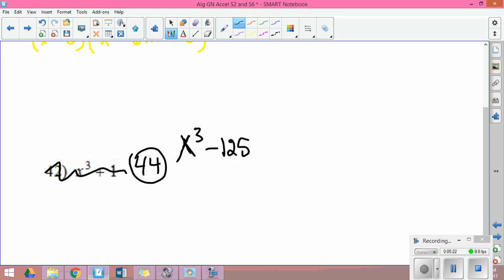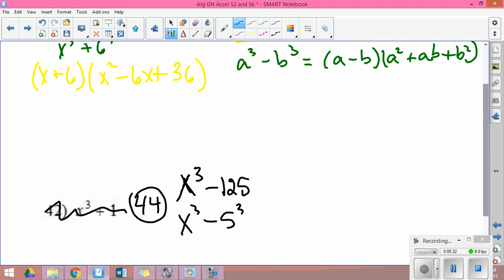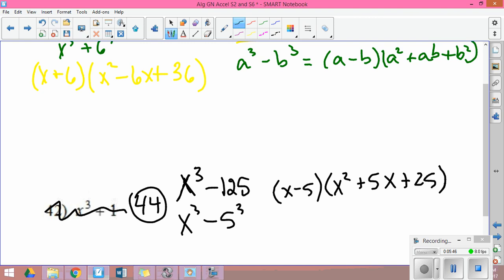So this is the difference of perfect cubes because x cubed minus 5 cubed, 125 is 5 cubed. So if we scroll up so we can see the rule, it becomes x minus 5 times x squared plus 5x plus 5 squared, which is 25. So those are the sum and difference of perfect cubes.